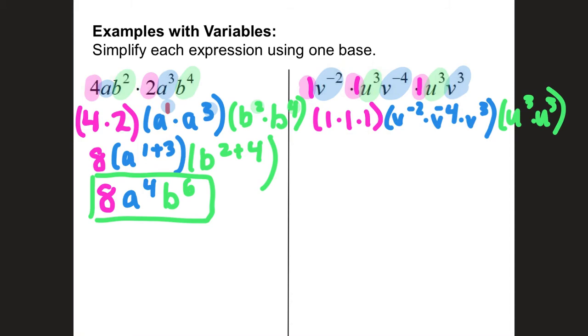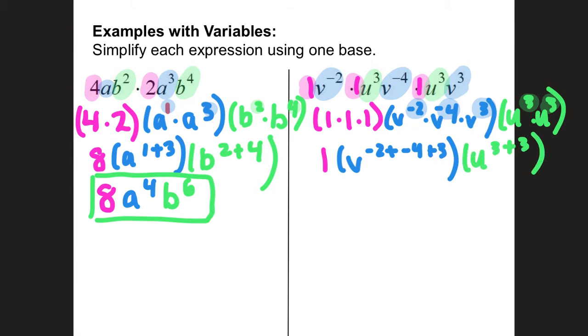Now if I simplify, I have 1 times 1 times 1, gives me a value of 1. My next part, I'm going to add the exponents for the v's. So it'll be v to the negative 2 plus negative 4 plus 3. And I'm going to add the exponents for the u's, so the two 3's. So you get u to the 3 plus 3.